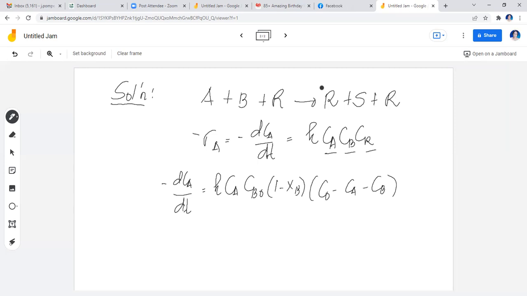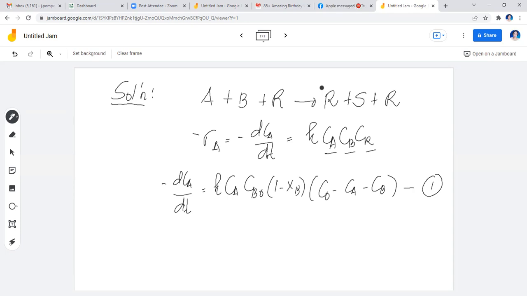Or the simplest thing to do is this: C sub A and C sub B, actually this C sub O, you have it as a constant. Your C sub A and your C sub B are taken from this particular equation. I'll have this as equation 1 and go back to that.